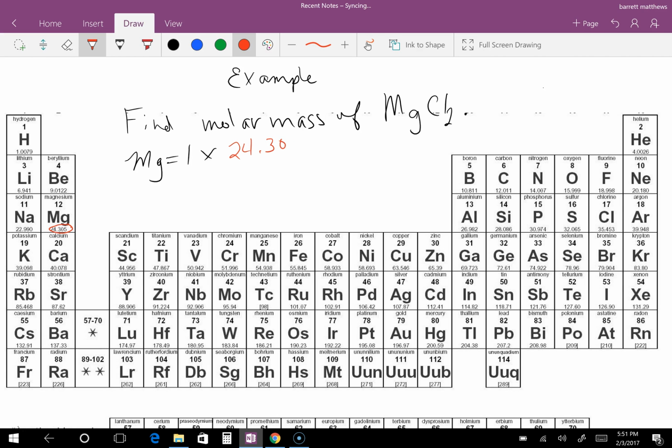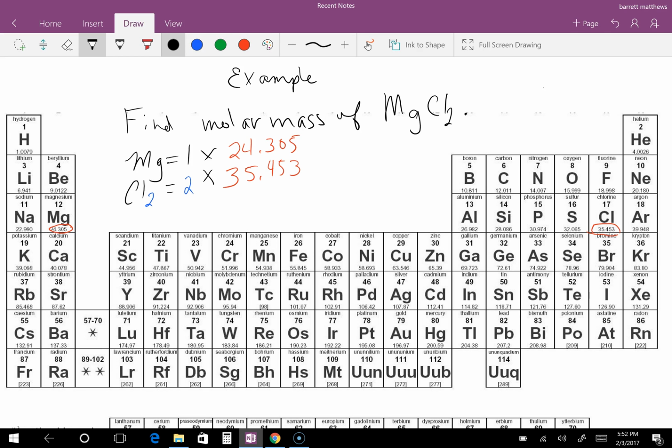I find the molar mass is 24.305. I know that chlorine, there are 2 chlorines. So I will use a 2 here, times the mass of chlorine, and the molar mass of chlorine is going to be 35.453.